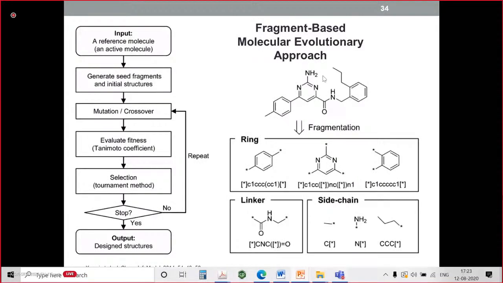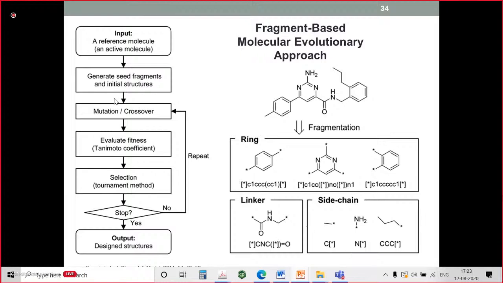So you can see in this figure, this initial reference molecule is deconstructed or fragmented into different fragments, and these fragments have different ring structures, linkers, or side chains. So out of these, seeds are generated. Seeds means these are the initial points.